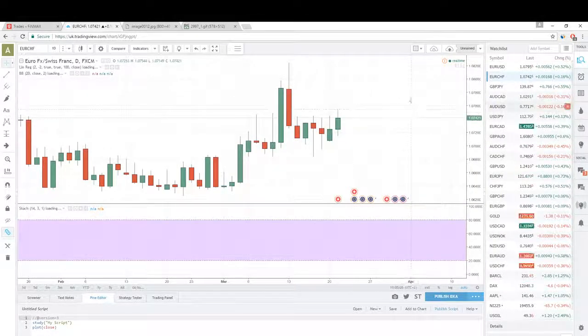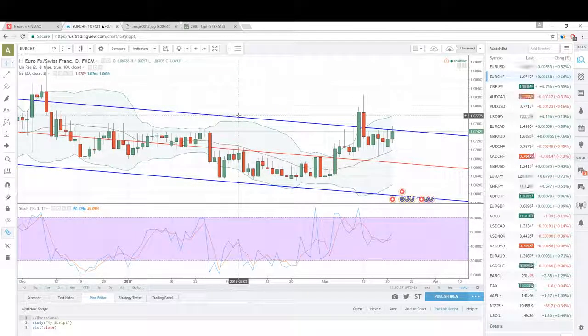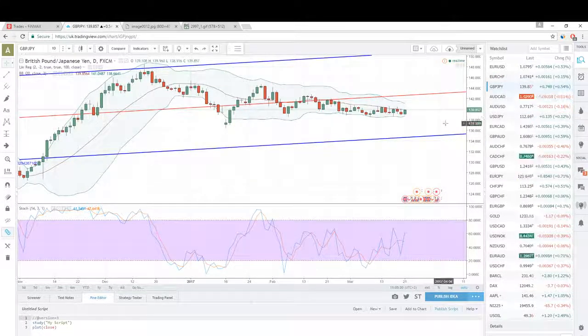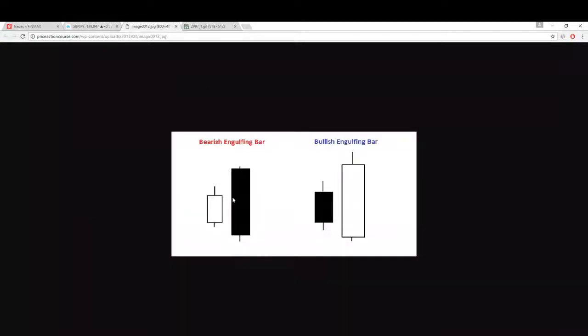Here I switched to the one day time frame in order to see if we recently had the engulfing pattern on the charts. So what is the most important feature of the engulfing pattern? As you probably noticed, they are of two different colors, as the bullish as the bearish.